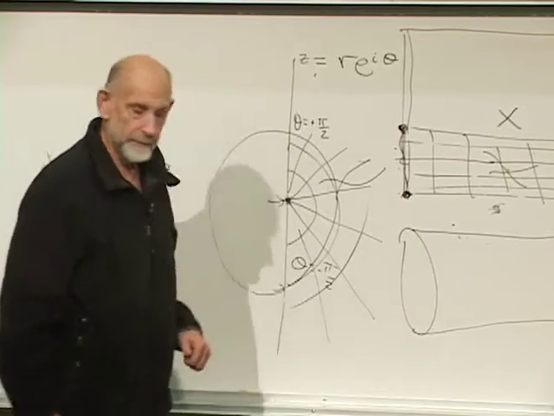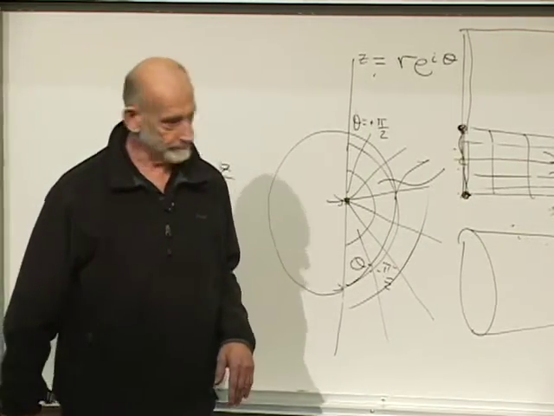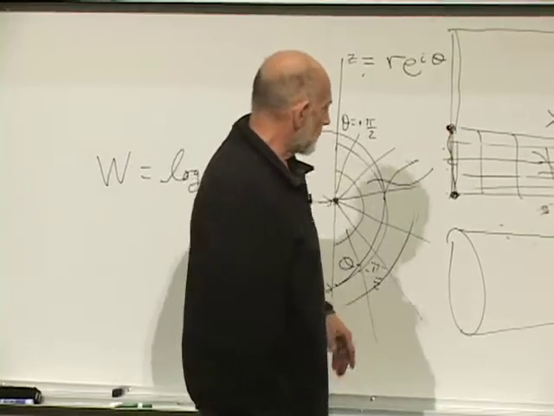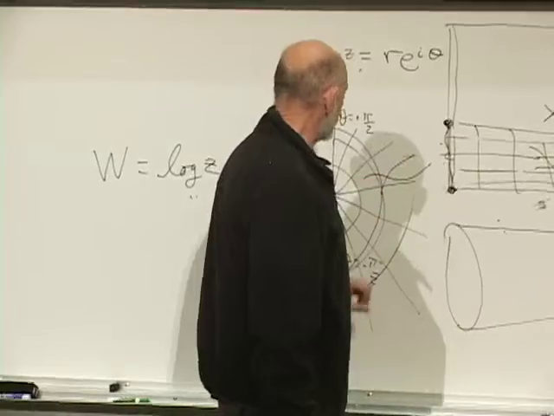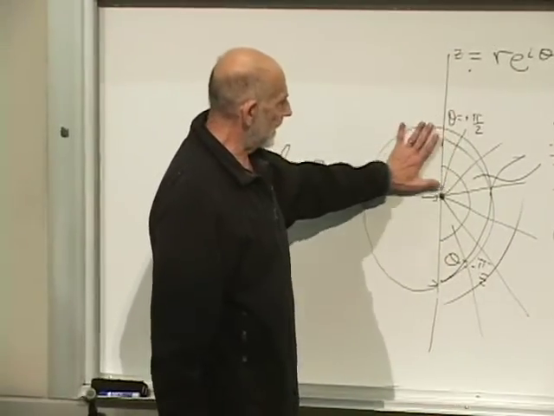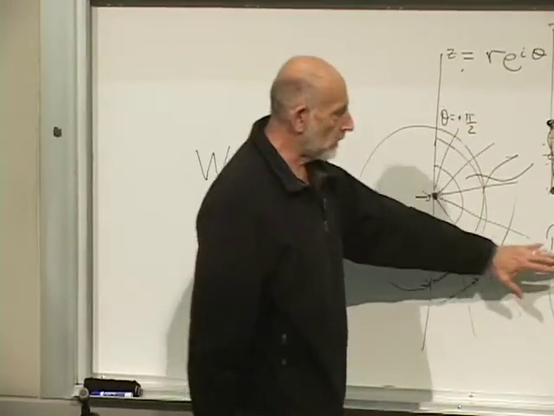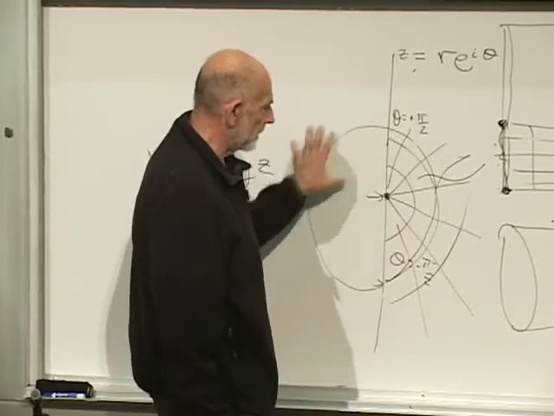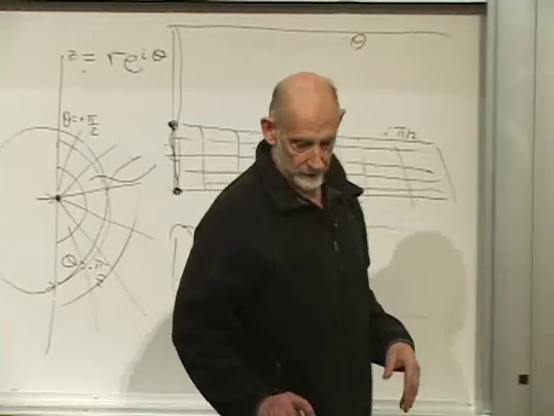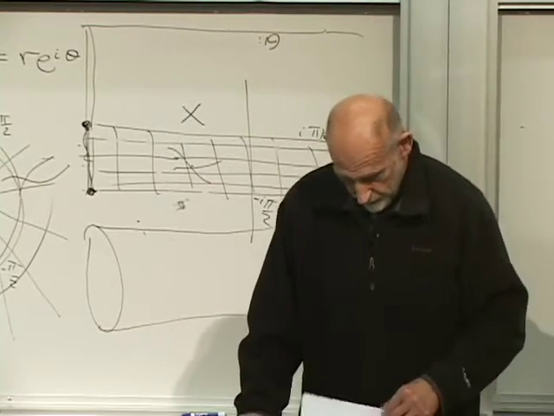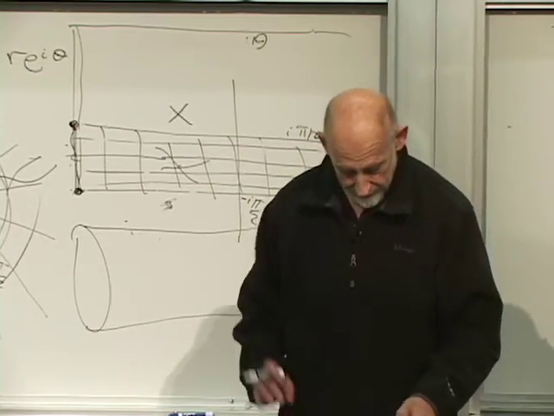How about this one? Closed string, right? So it's natural to think of open strings as described on the half plane, closed strings on the whole plane with no boundaries. Okay, that's a useful mathematical fact.